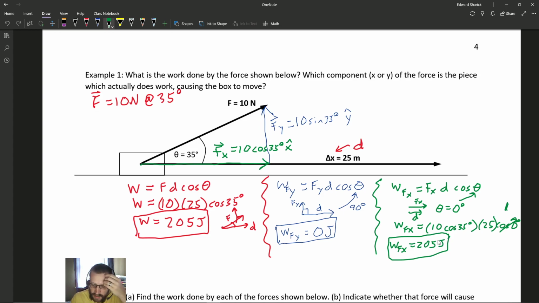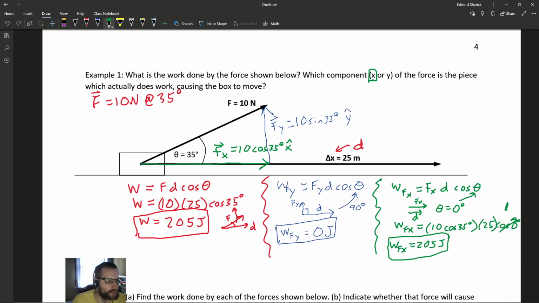And this is interesting because now I know the x component is the one that does all the work. The y component is contributing none of the work. It's not changing the object's kinetic energy. Only the force in the x direction is changing the kinetic energy. So if we're answering which component, x or y, is actually causing it, we would say the x component is doing all the work.